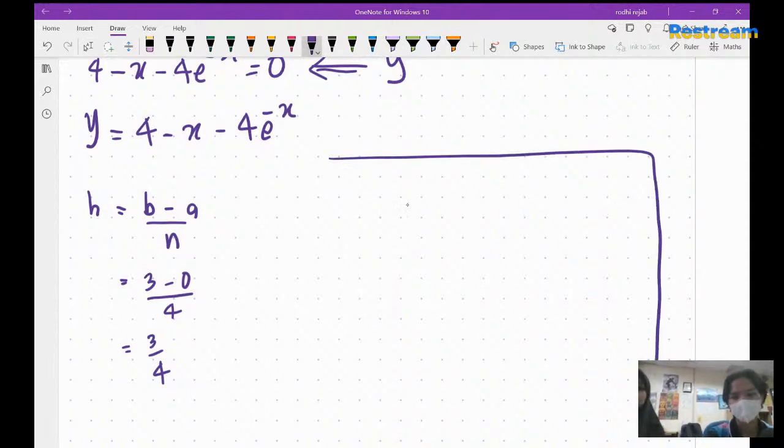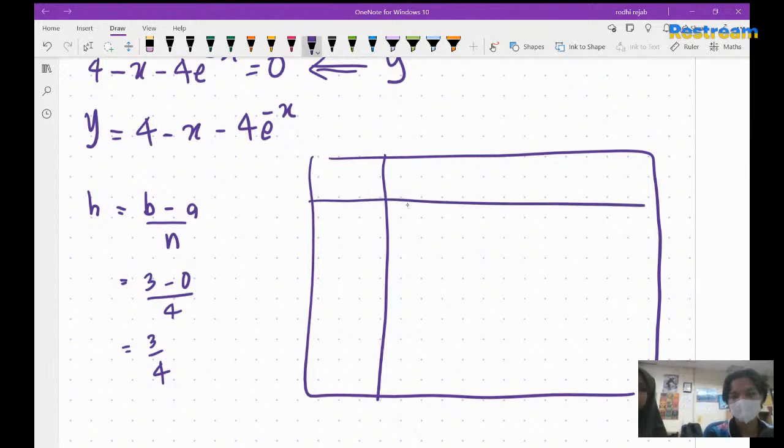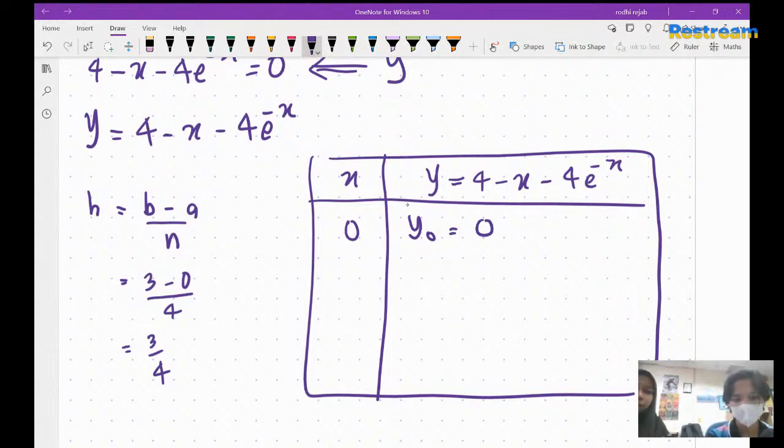Y equals 4 minus x minus 4e^(-x). This is x. First 0, and then just substitute the values. 0 is the initial y, initial y equals 0. And then 3 over 4.